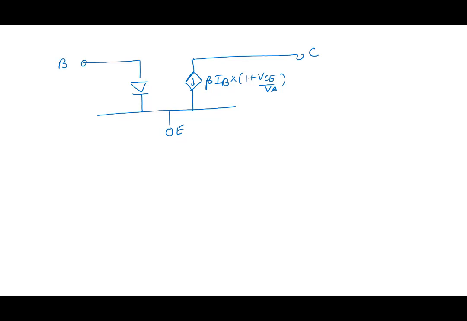Okay, now I want to build a small signal model. A small signal model. This is BJT, right?